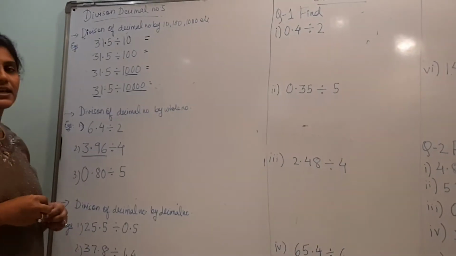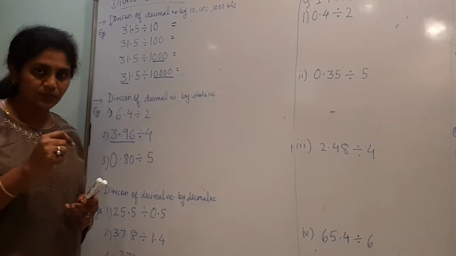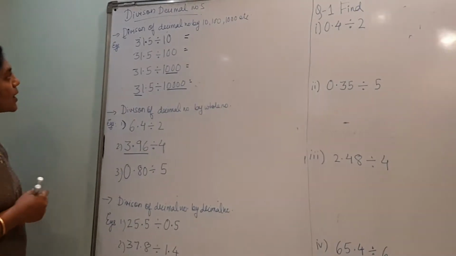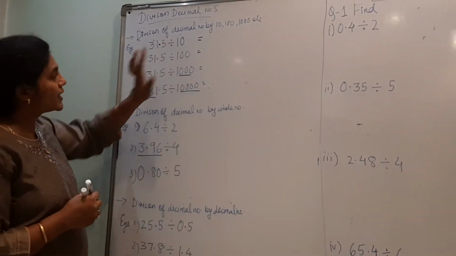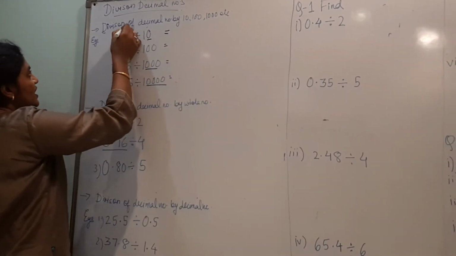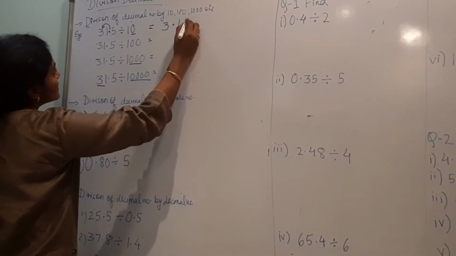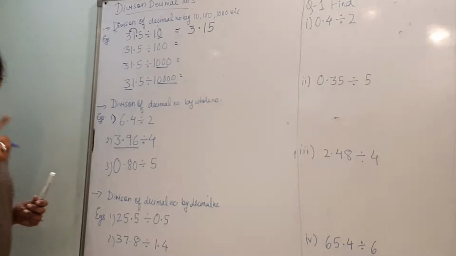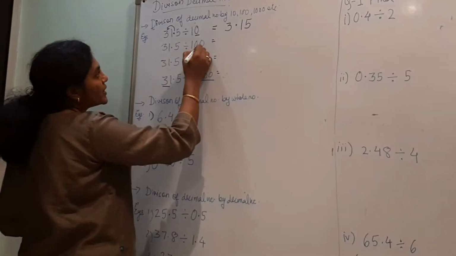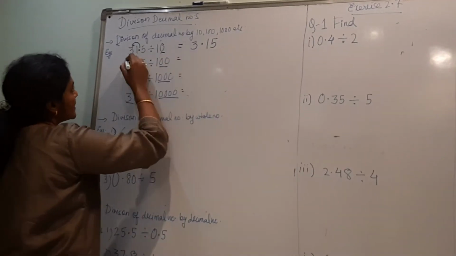In division, your point will be shifting towards the left, depending on the number of zeros. For example, 31.5 divided by 10. Here the point shifts one place, so this will be 3.15. How many zeros? 2. The point will shift 2 places to the left.